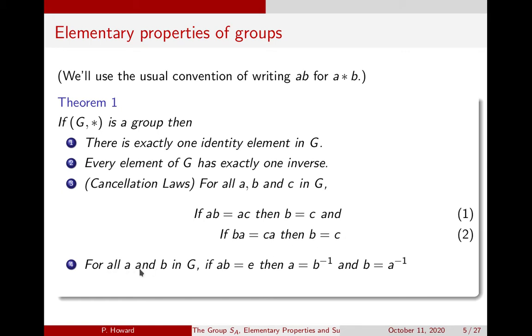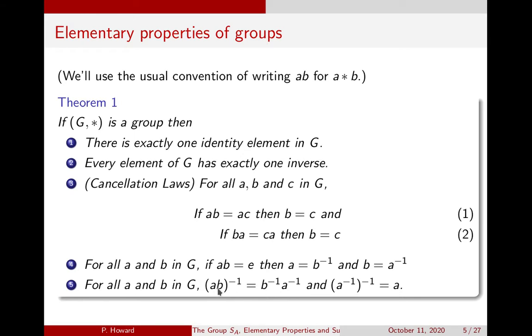For all elements A and B of G, if you know that A times B is the identity, then you know that A and B are inverses of each other. And finally, in the list of items in this theorem, our formula for calculating the inverse of a product: A times B, quantity inverse, is B inverse A inverse.